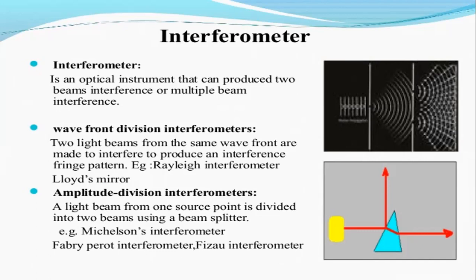In the wavefront division interferometer, two light beams from the same wavefront are made to interfere to produce an interference fringe pattern. An example of the wavefront division interferometer is the Rayleigh interferometer and Lloyd's mirror.